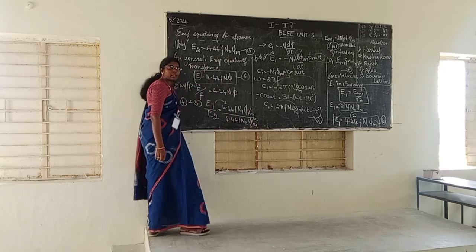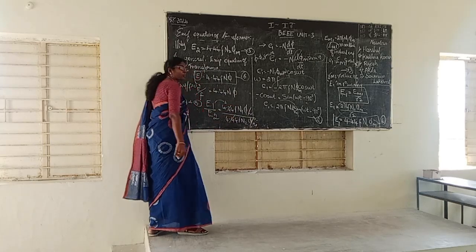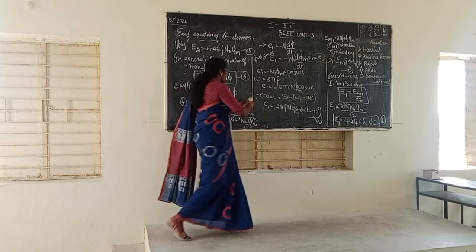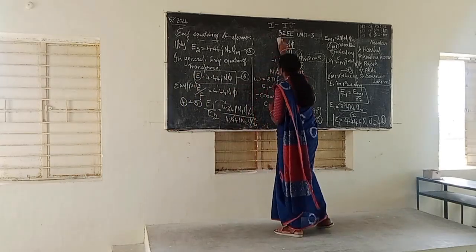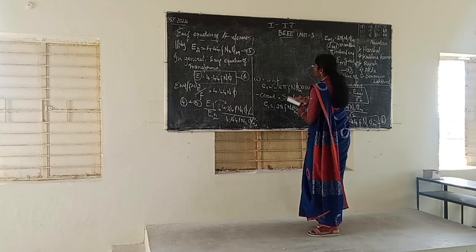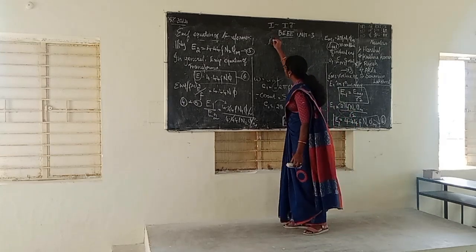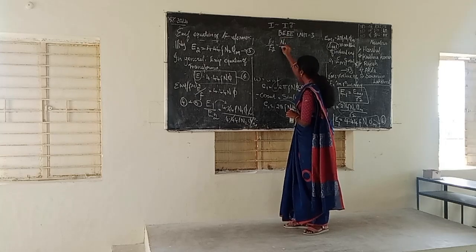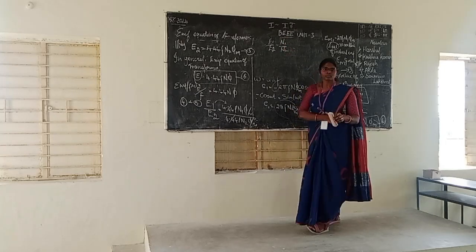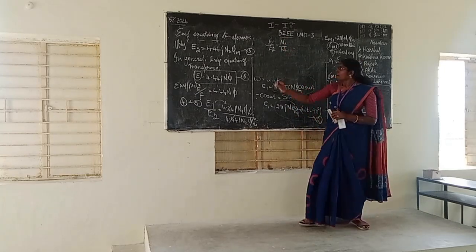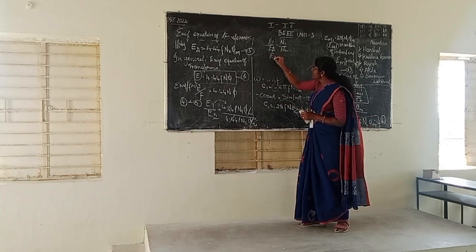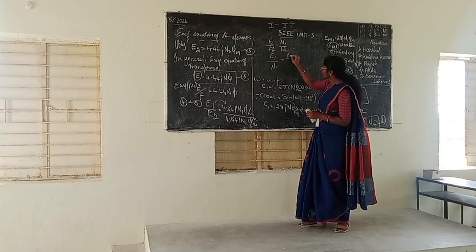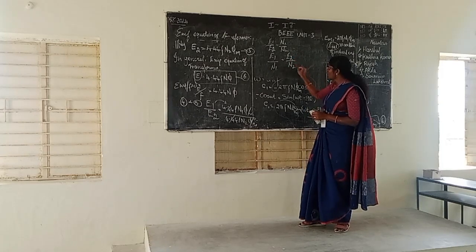We can cancel φm over here, 4.44 cancels, f and f get cancelled. What will we get when comparing the EMF induced in the primary winding and the secondary winding? We get E1 by E2 is equal to N1 by N2. Now I am rearranging it and writing: E1 by N1 is equal to E2 by N2.